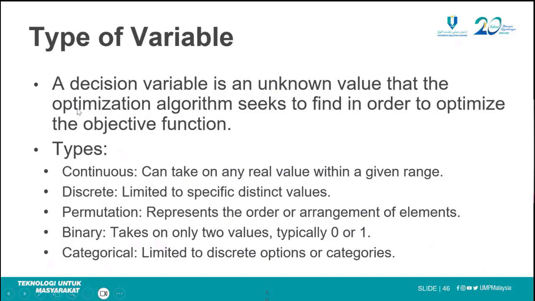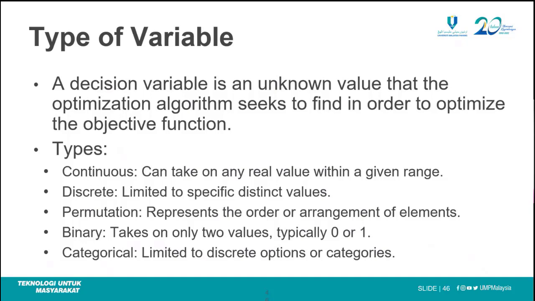In the example of the cylindrical tank that we discussed earlier, the decision variables are the radius and the height of the tank. Again, the decision variable is the unknown value that the optimization algorithm seeks to find in order to optimize the objective function.